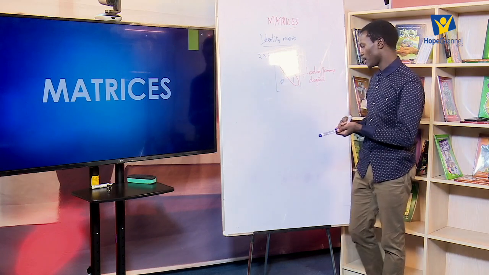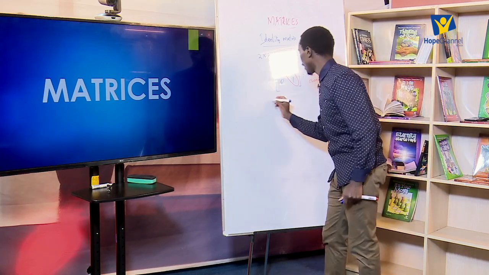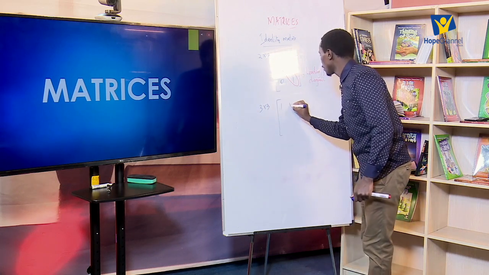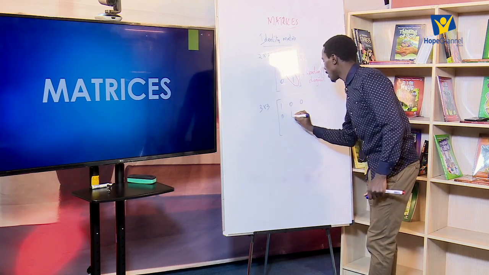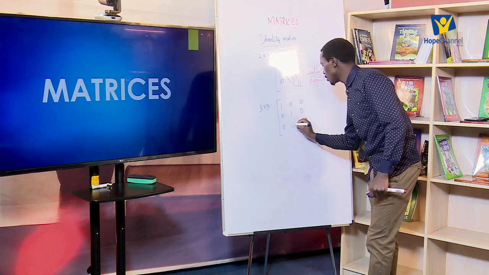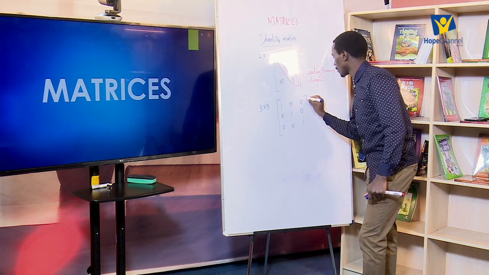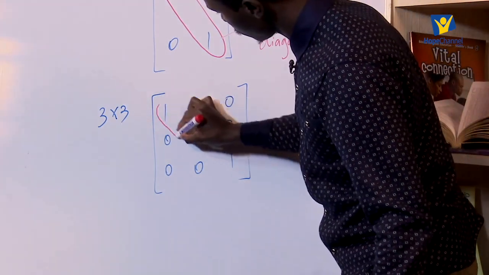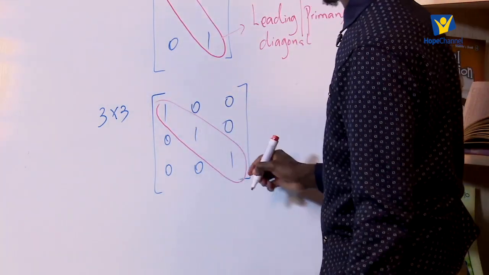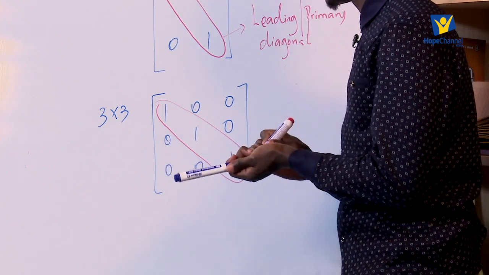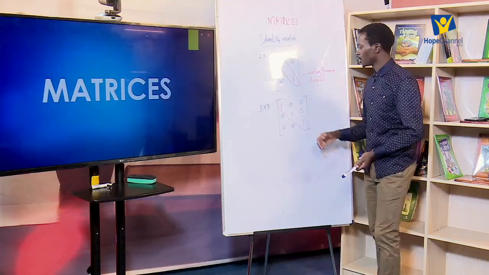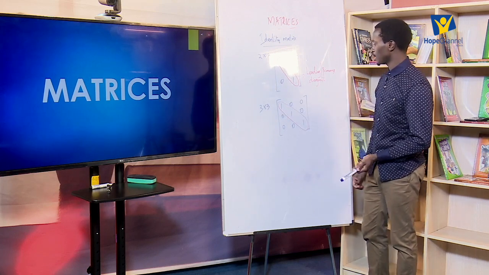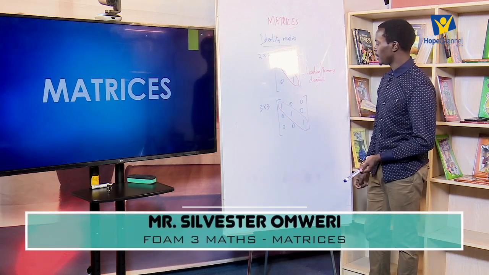Now let's say, for example, we have a 3 by 3 identity matrix. Let's see how it looks. We have 1, 0, 0, 0, 1, 0, and then 0, 0, 1. Look at that. The leading diagonal has ones, but the rest of the spaces have zeros. So this one is an identity matrix of order 3 by 3.